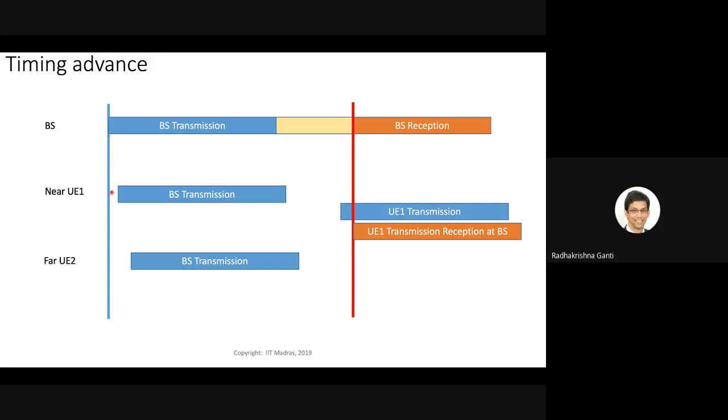There will be some time for the propagation to happen, maybe a few microseconds, maybe half a microsecond or so, depending on where you are. So the near UE1 will receive at this point. The far UE is a little bit far away, maybe at the cell edge, so it will take more time for the same base station transmission to reach it. That's the gap. You see, there's a little bit more time. The UE received here.